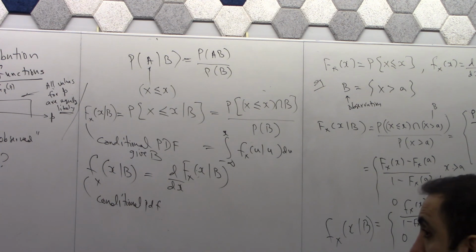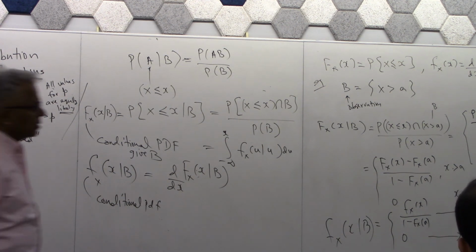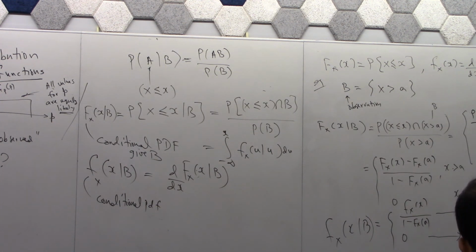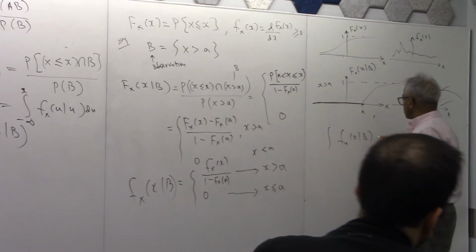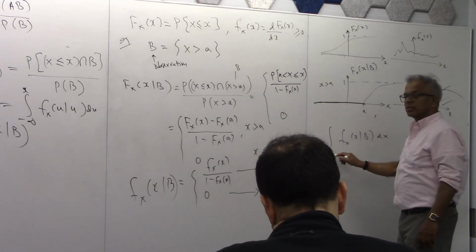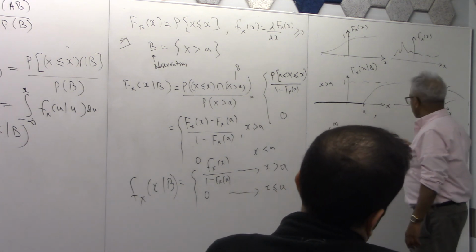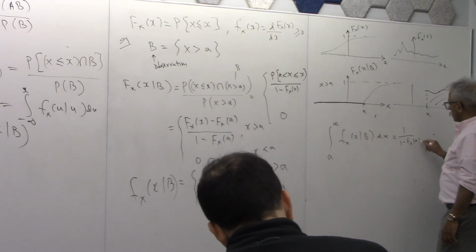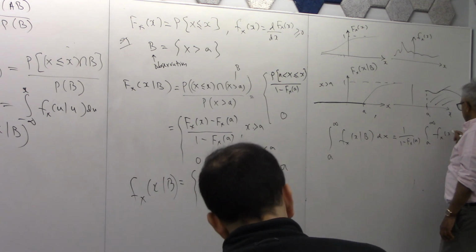I don't understand why the integral of the last one is 1. All right, let's integrate this. The integral of f_X(x) given B dx. What are the limits? So that's going to be 1 over 1 minus F_X(a), which is outside, times the integral from a to infinity of f_X(x) dx.